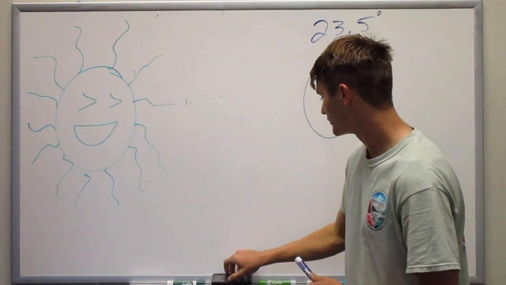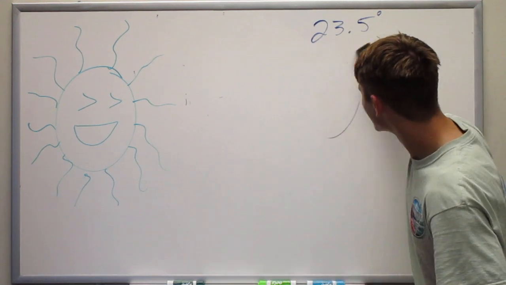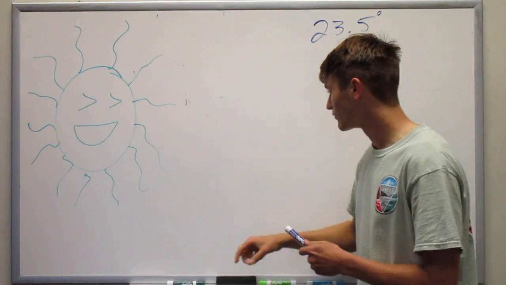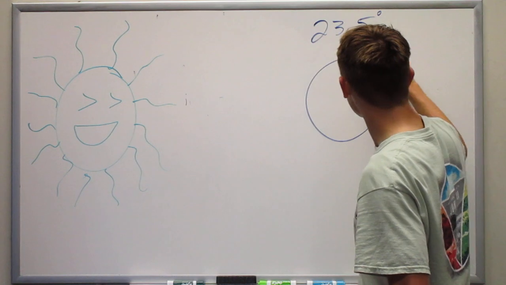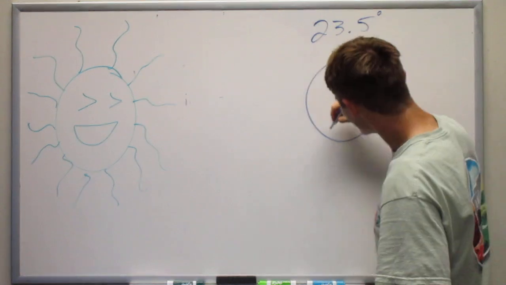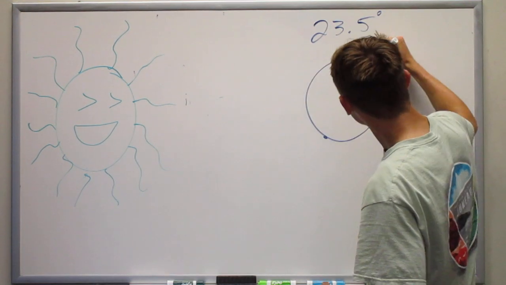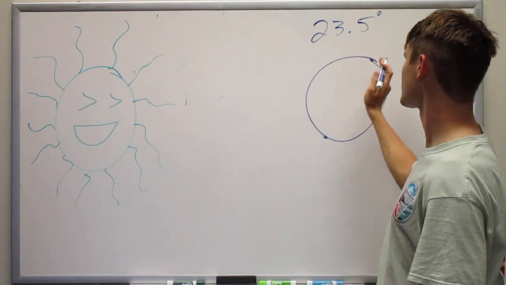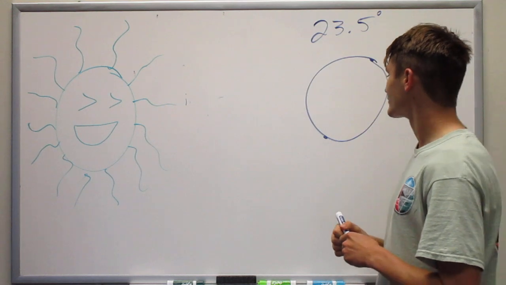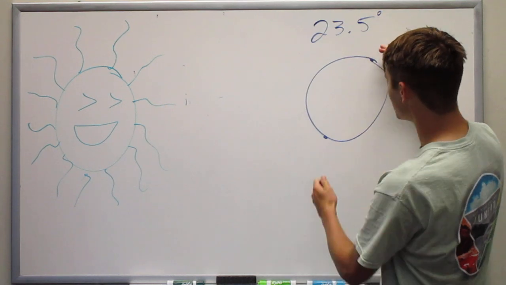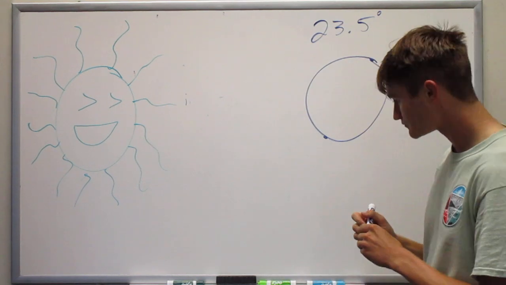It's not an ugly circle, but it's at a 23.5 degree angle. This would be about the center, and this would be about the center, something like that. So it's on a 23.5 degree angle. That may not even be it, but that's close.